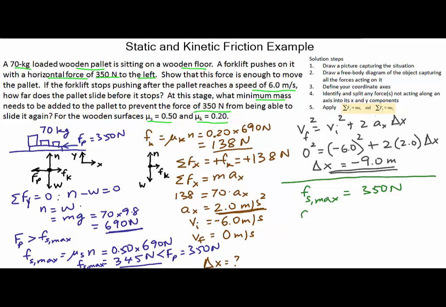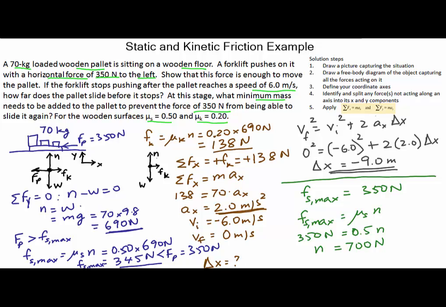So now we know from equation that Fs max is nothing but mu s times n. For maximum static frictional force to grow to 350 Newton, let's see what the normal force needs to be. We know that mu s is still 0.5, that was given to us, times n. So this gives me a normal force of 700 Newton.